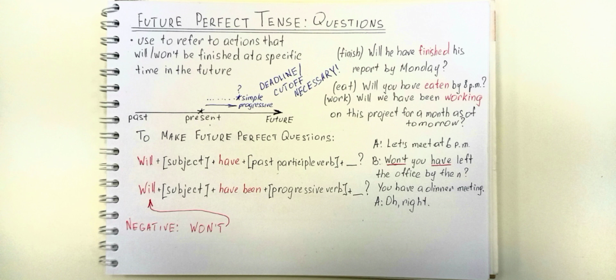If you want to make a negative, we simply replace will with won't. So instead of using will at the beginning of the sentence, we use won't. This tends to be used when we are confirming something. I'll show you an example of this at the end of the lesson.